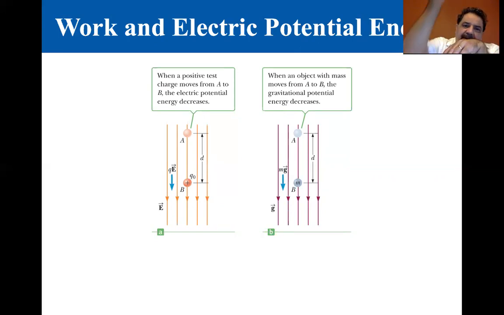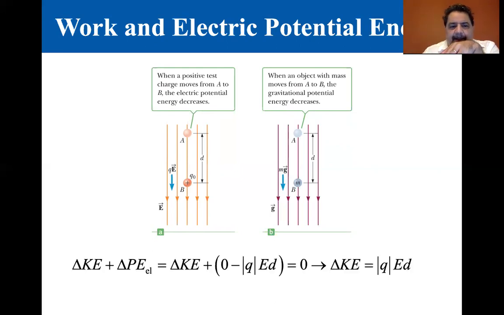Here, when a positive test charge moves from A to B, the electric potential energy decreases. So we have the conservation of energy. We have the change in kinetic energy plus the change in electric potential energy equals the change in kinetic energy plus 0 minus QED, and that equals 0, so the change in kinetic energy equals QED.